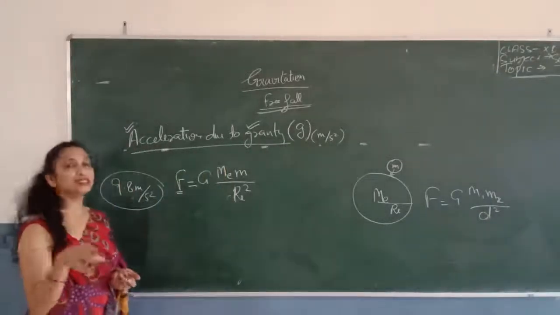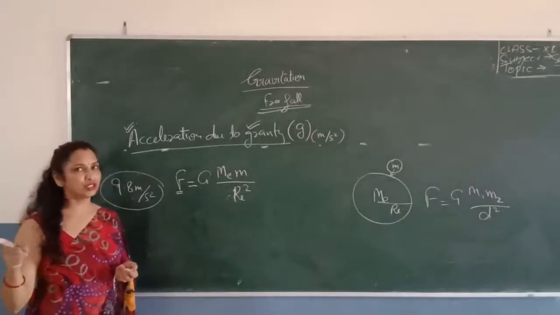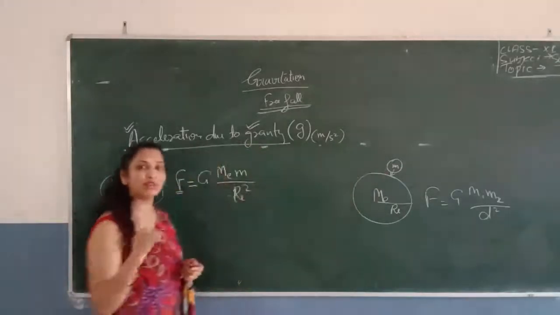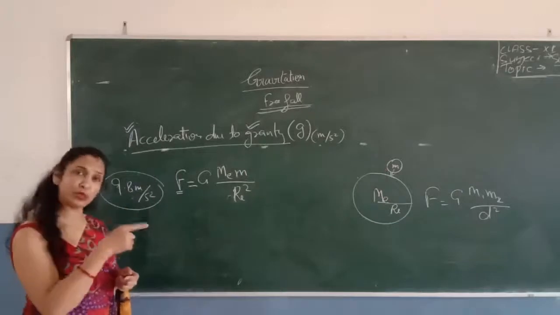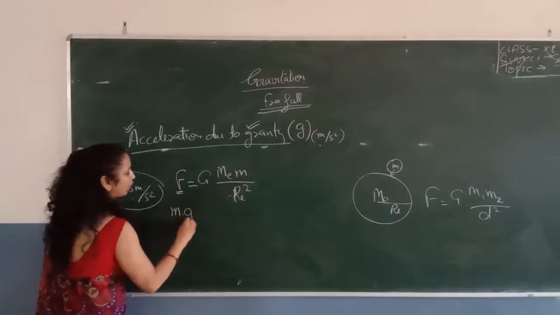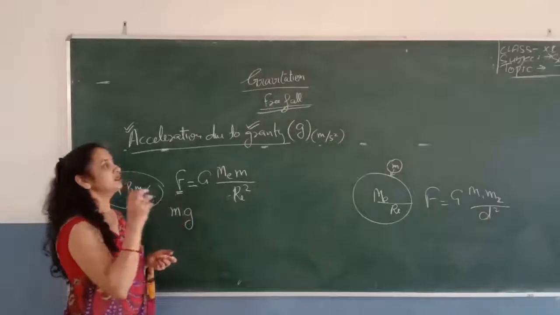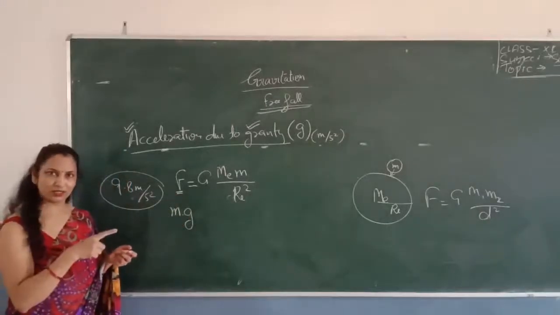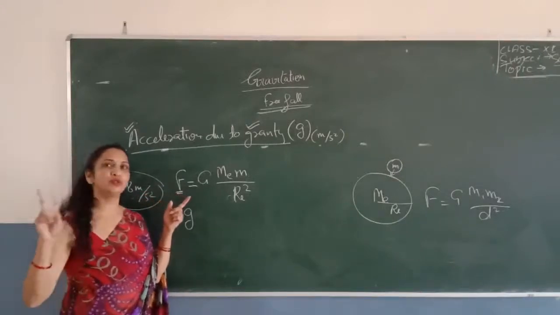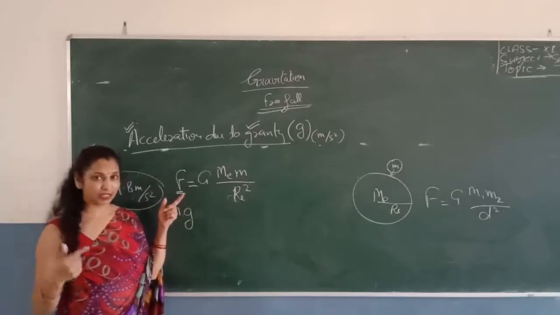And according to Newton's second law, we know that the force is equal to m into g, mass into acceleration. So if we want to find out the acceleration on this object, then we have to put the value of the mass of this object and the acceleration produced on the object. So F is equal to m into g according to Newton's second law. Again I am going to tell you that if you are taking the force exerted on the object by F, then according to Newton's second law, F is equal to m into a, where a is the acceleration produced by the force.